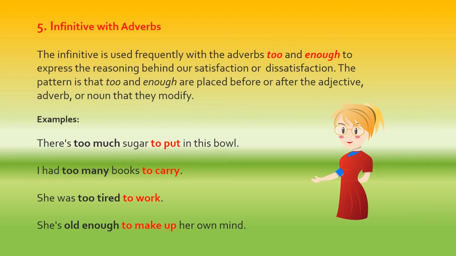All right. Infinitives also go with adverbs. The infinitive is used frequently with the adverbs too and enough to express the reasoning behind our satisfaction or dissatisfaction. The pattern is that too and enough are placed before or after the adjective, adverb, or noun that they modify.